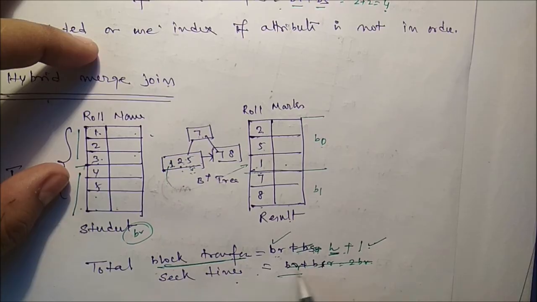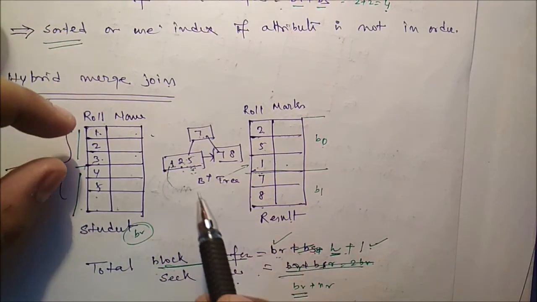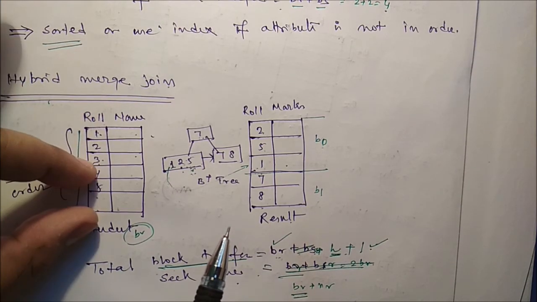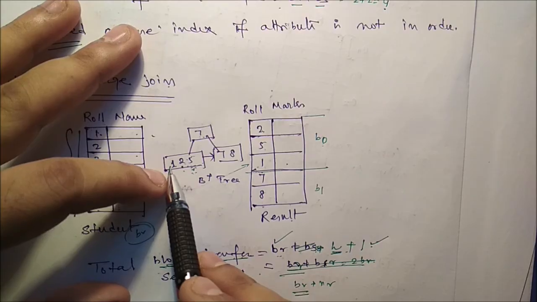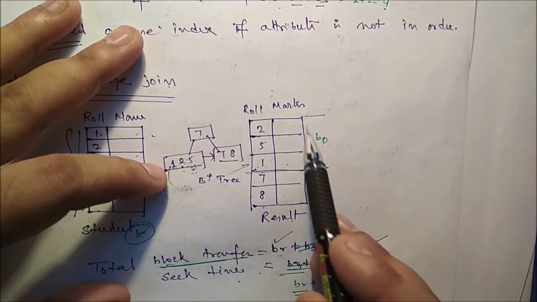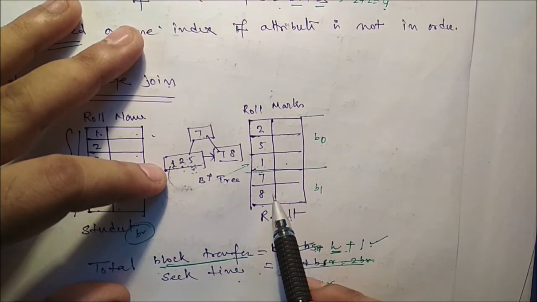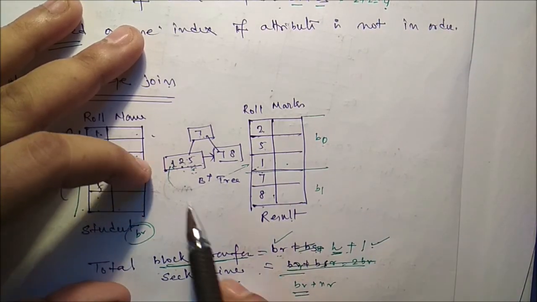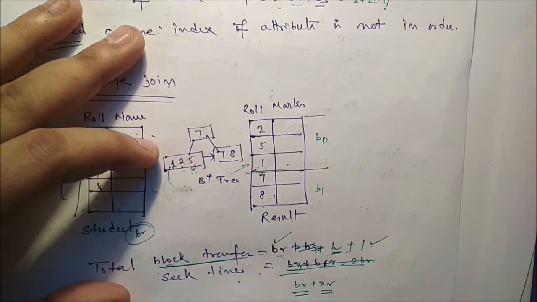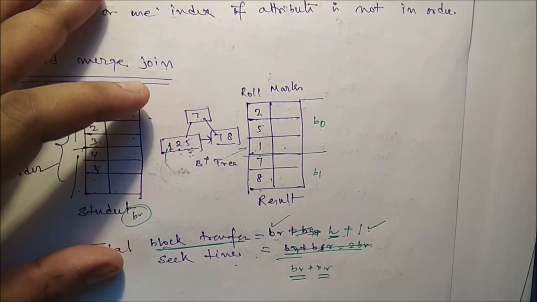We have to identify the seek time for this, and for every record we have to identify the address. After identifying the address, we have to search where this address is present, and for every record we need the seek time here. So the seek time will be BR plus inner.